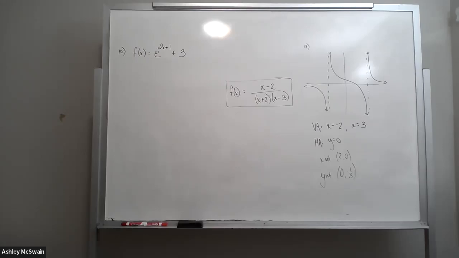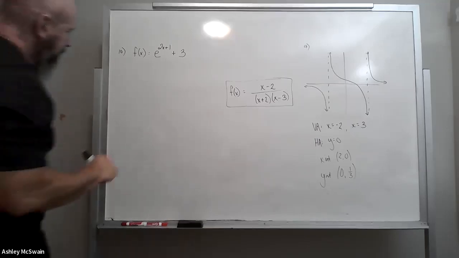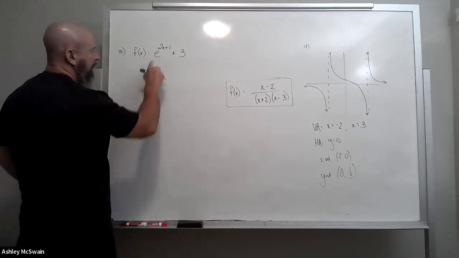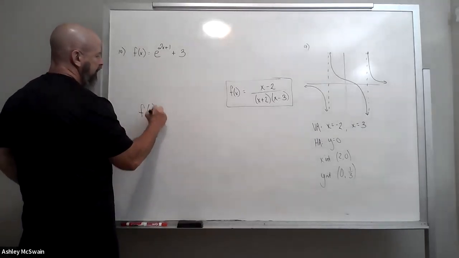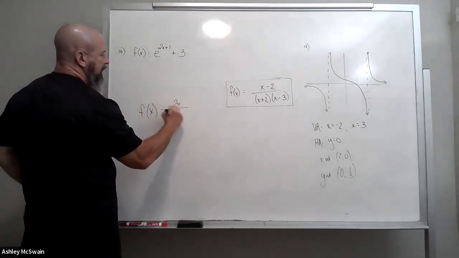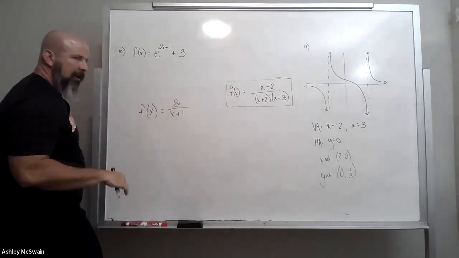An inverse was switch x and y, solve for y. So to find an inverse, we switch x and y, solve for y. Inverses were typically done with just regular, generic functions, not e's or logs. So sometimes we'd have one like this, and we switch x and y and solve.